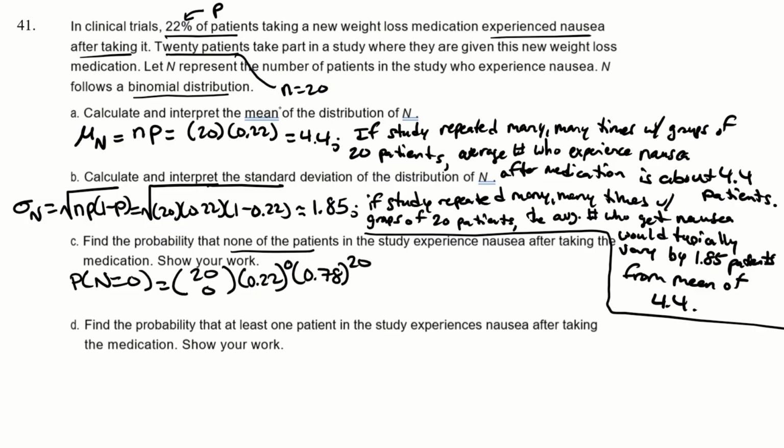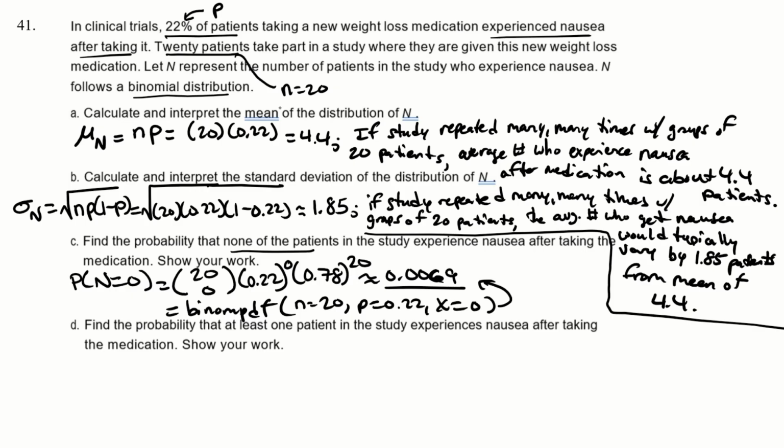This is going to be about 0.0069. And of course we can use the binomial PDF. So let me just show you that. Binomial PDF, n equal to 20, p equals 0.22, and x equal to 0. You get the same answer.